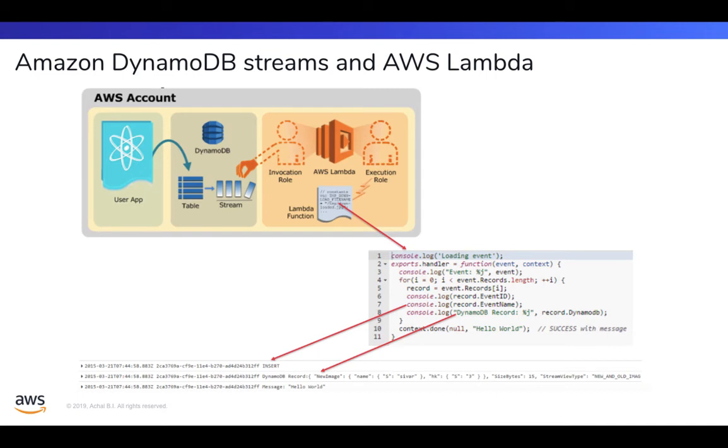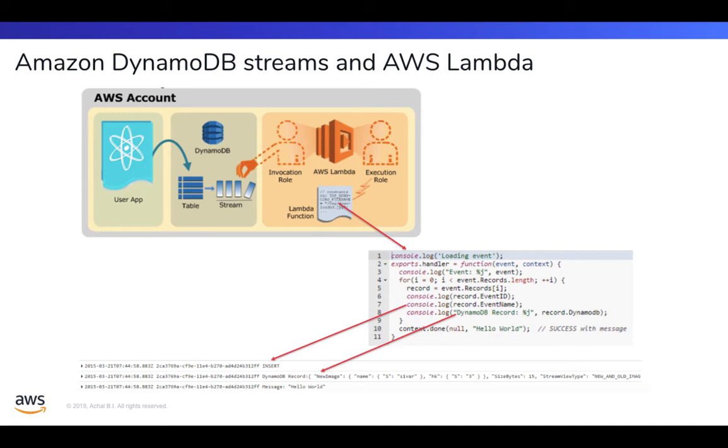The invocation role is for Lambda to get invoked as and when the stream is generated. So AWS Lambda keeps polling for the stream, and when it finds a record in the stream, it will start its execution.